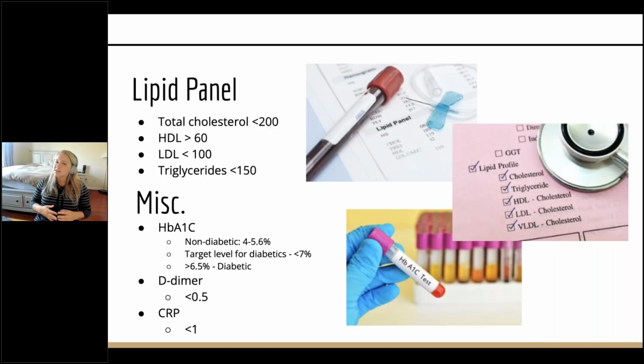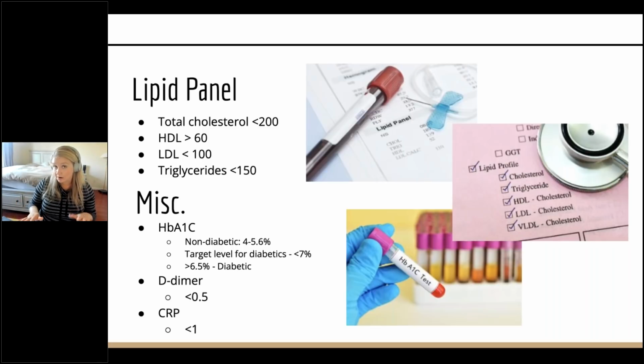Okay, the next miscellaneous lab I have for you is something called a D-dimer. This is a pretty non-specific lab that tells us about clots. The higher our D-dimer is, the more sure we are that we have clots somewhere in our body.